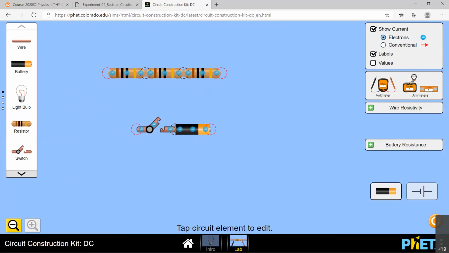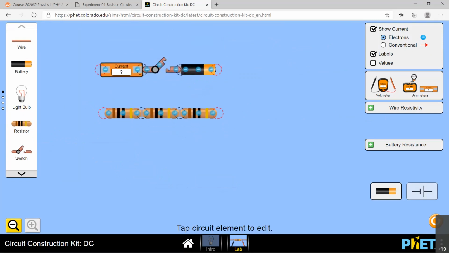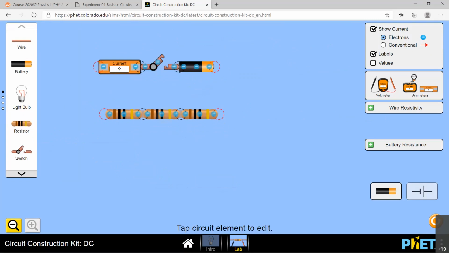And also we need an ammeter to measure the current. And we need the voltmeter to measure the voltage across each resistor, right? Then we connect these 2 endpoints. Then you have a continuous loop.